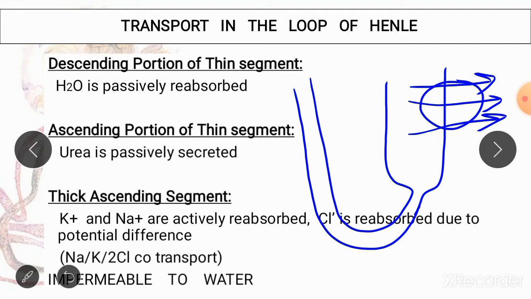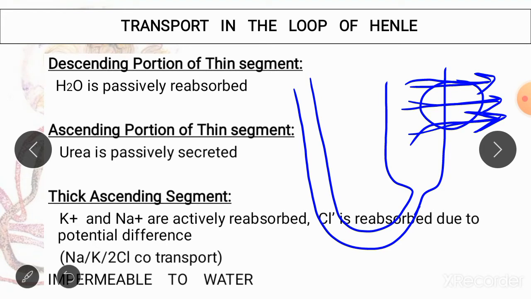So what this does is it carries a sodium ion and a positive ion, and to balance the reabsorption of 2 positive ions it carries 2 negative chloride ions so that the electrical charge within the lumen can be maintained.